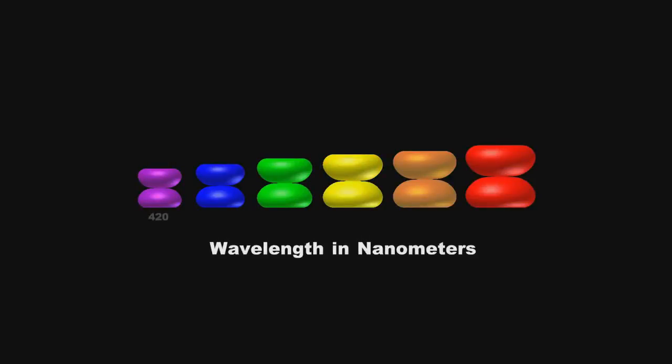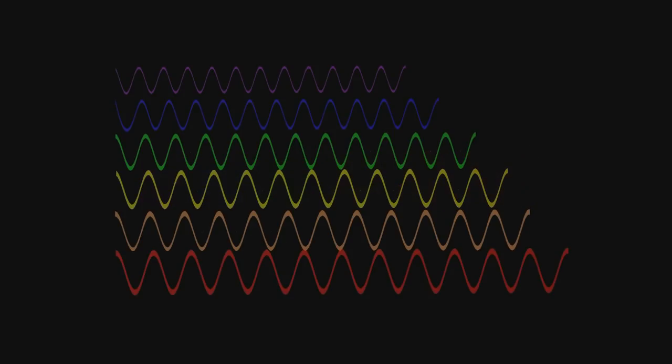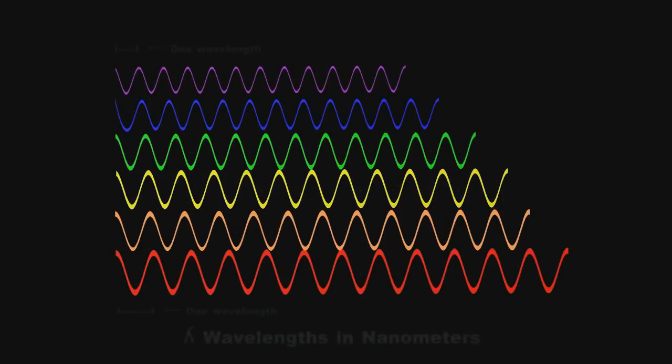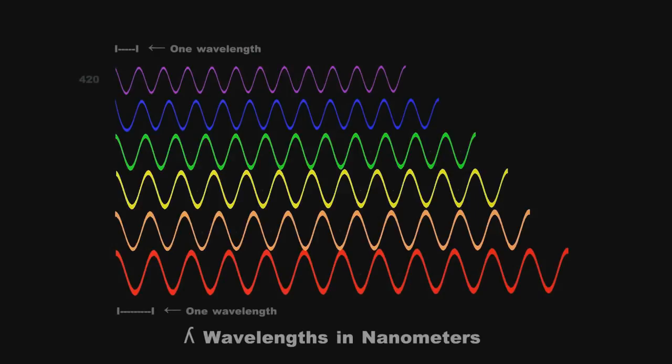Then again, the size of the fields of a photon are determined by the wavelength of a photon. Here we see the typical waveforms that are used to represent visible light and other forms of electromagnetic radiation, but in reality, no such waveform exists.